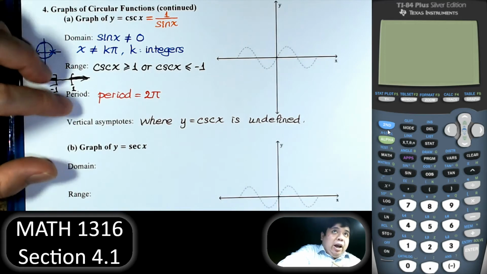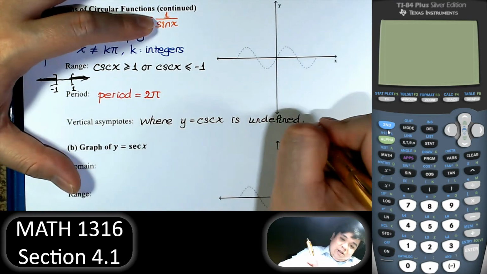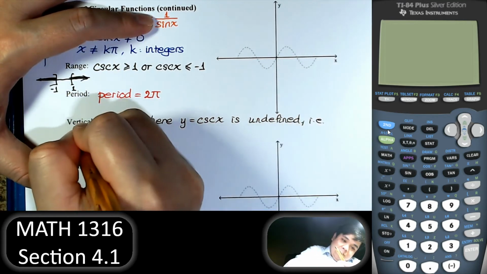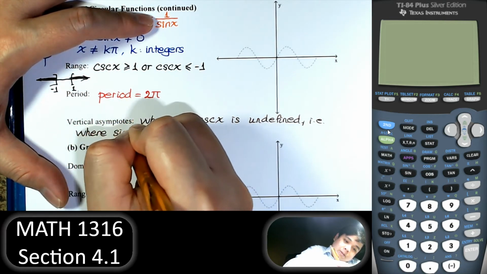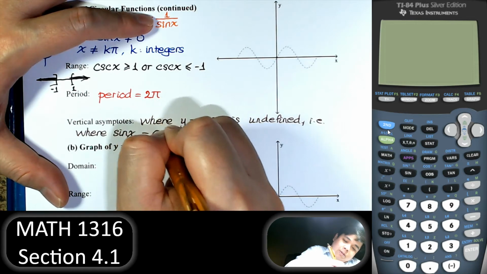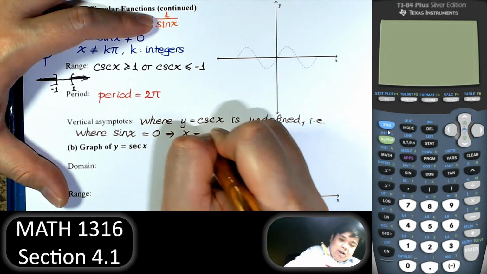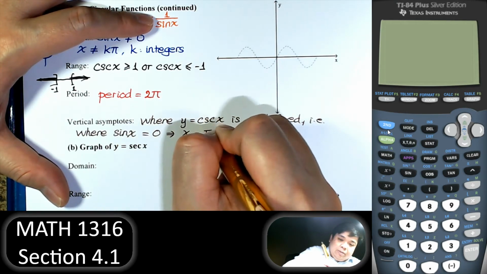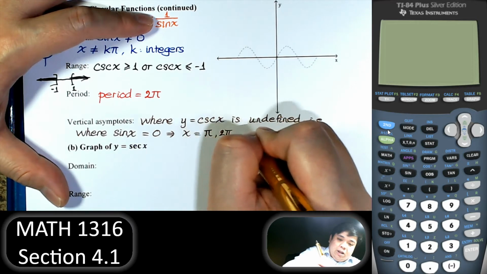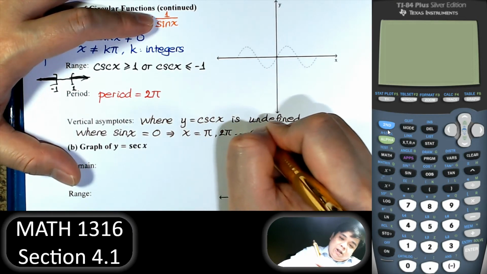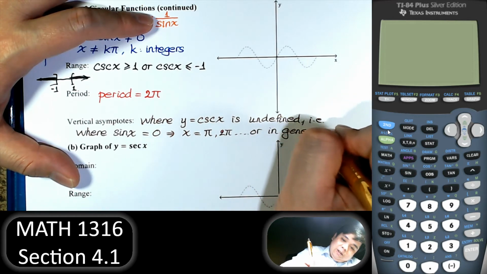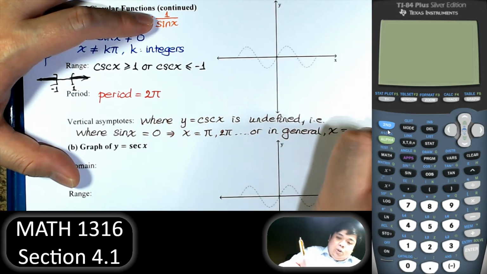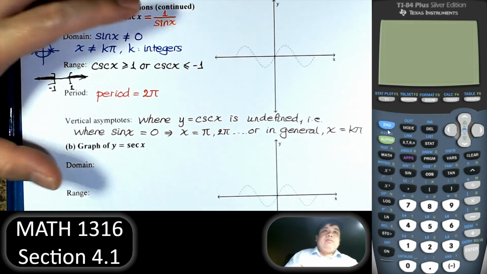That means where sine equals 0. Meaning where we have sine equal to pi, 2 pi, or in general equal to k pi. Right.